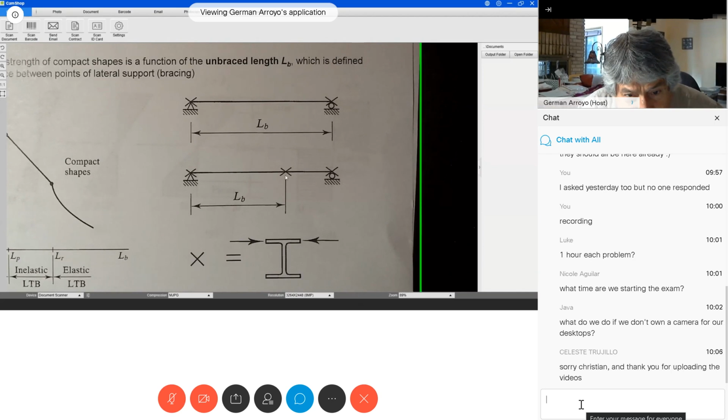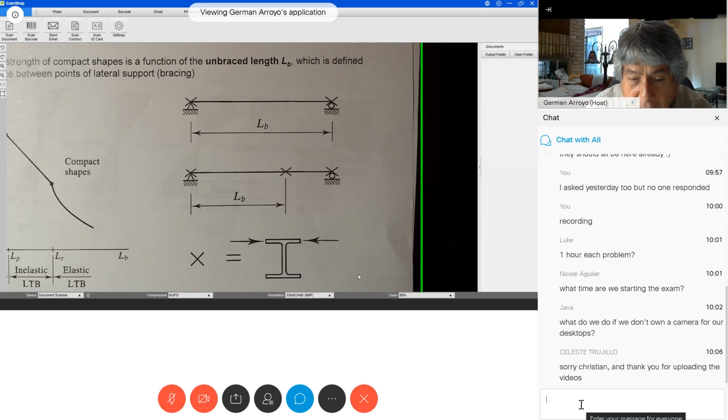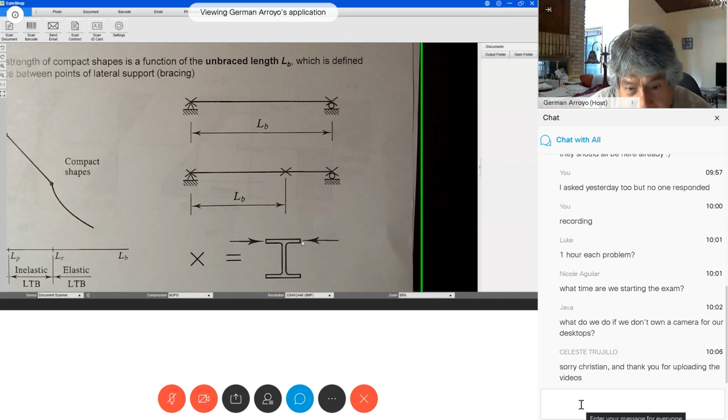And they indicate that this X is that they are supporting the compression flange. I mentioned to you yesterday, the compression flange is like a column. It's going to try to buckle about the weak axis, but it can't because it's fully supported by the web. So it will buckle about the strong axis. But right now, because it is supported, it will not buckle.